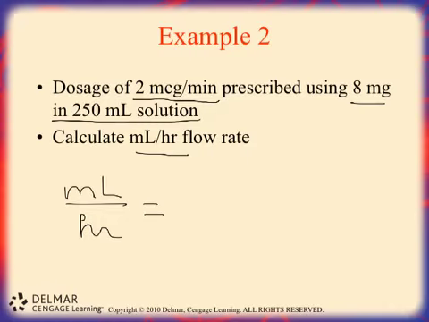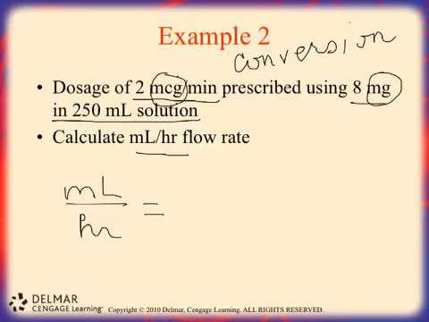So the extra step in this one will be our conversion step. So you'll have to have a conversion step in this one because you're using milligrams and the doctor has ordered micrograms.